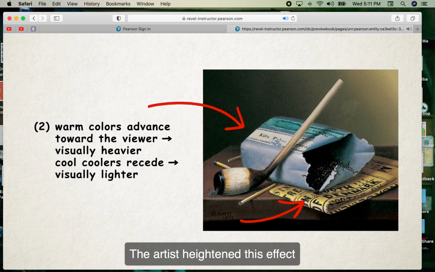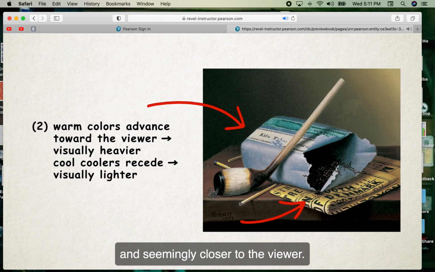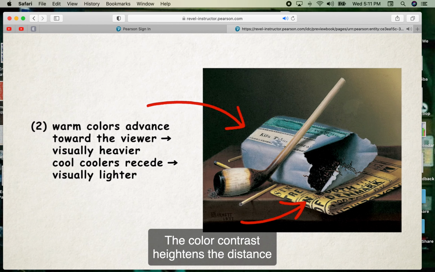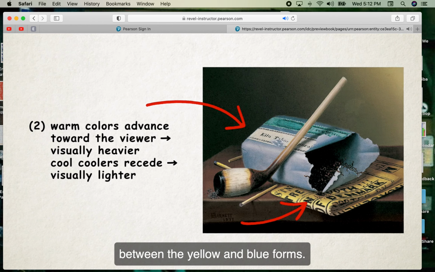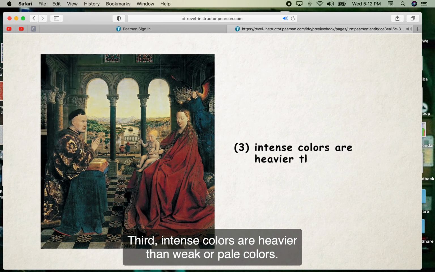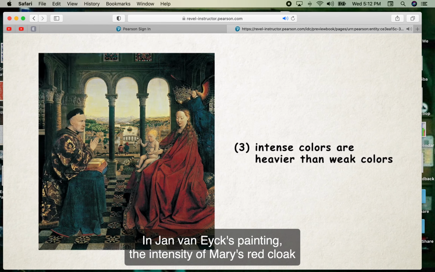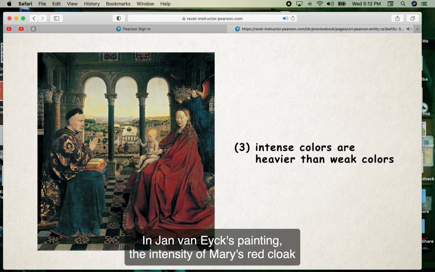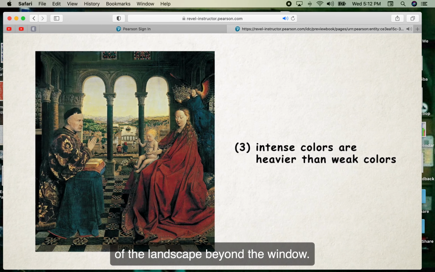The artist heightened this effect by also placing the newspaper lower and seemingly closer to the viewer. The color contrast heightens the distance between the yellow and blue forms. Third, intense colors are heavier than weak or pale colors. In Jan van Eyck's painting, the intensity of Mary's red cloak outweighs the lighter colors of the landscape beyond the window.